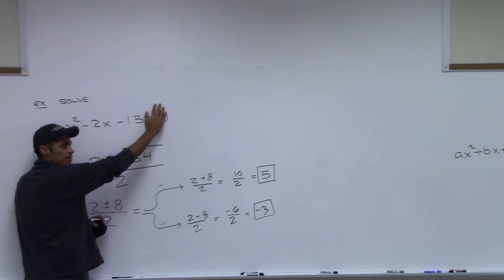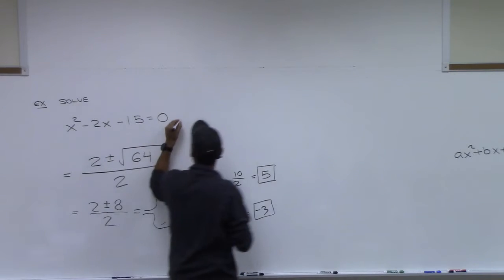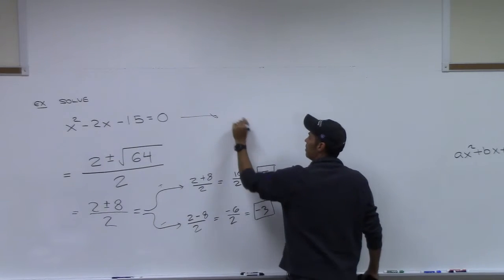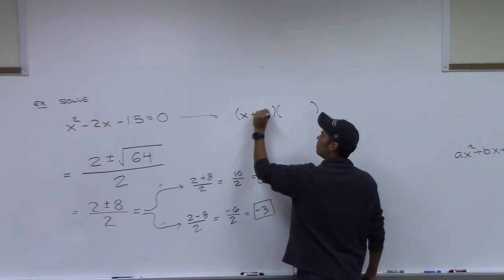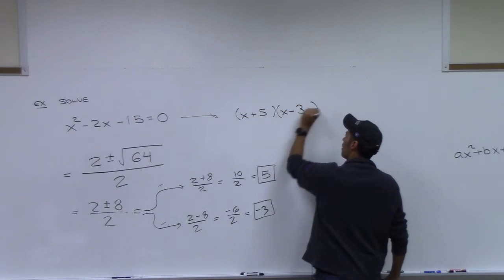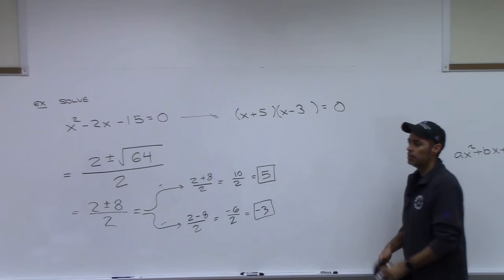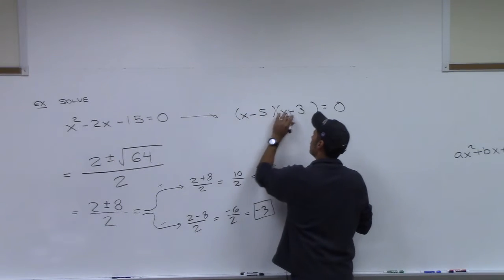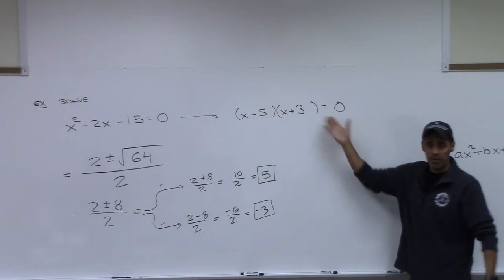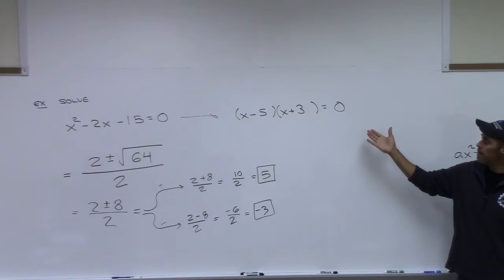There's no GCF. And if you're comfortable with factoring, you could figure out, maybe it would take you a few minutes, but you could figure out that that left side turns into x plus 5, x minus 3 equals 0. Okay, so that's what it would be with the AC method.